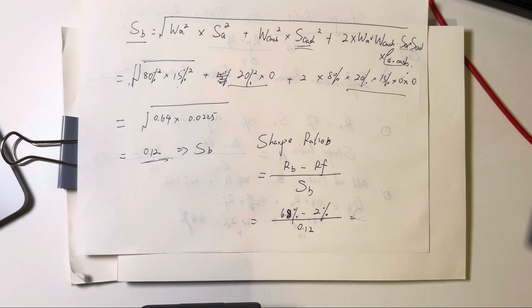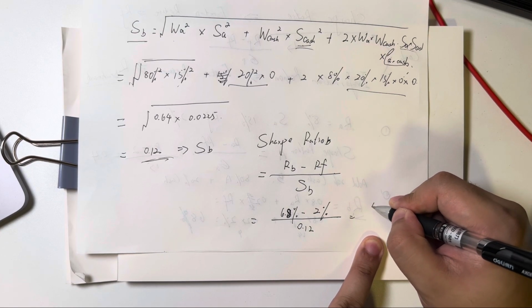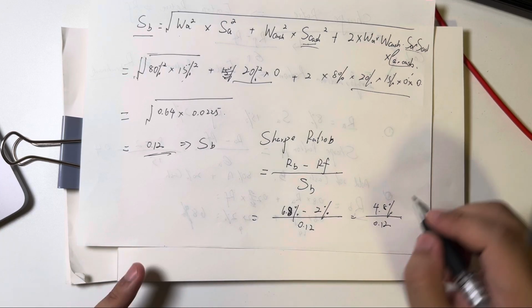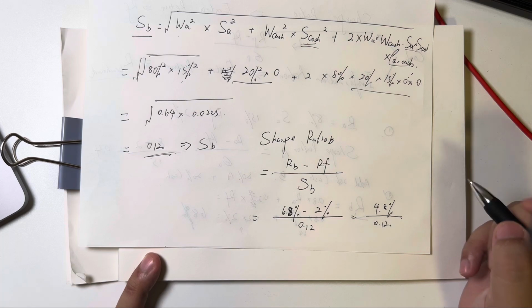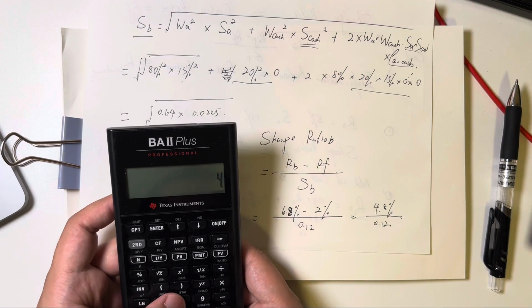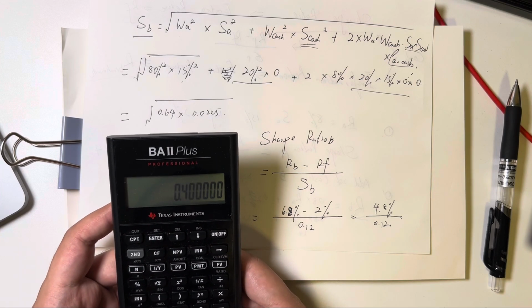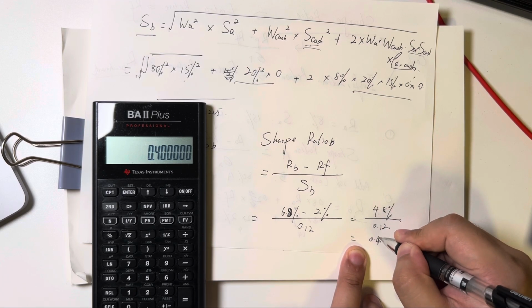Okay, so subtract that, we got 4.8, 0.12. I believe it's got so if you use 4.8 divided by 100, then divided by 0.12, so we got this 0.4 here.